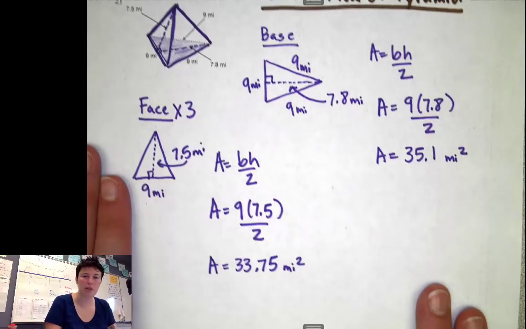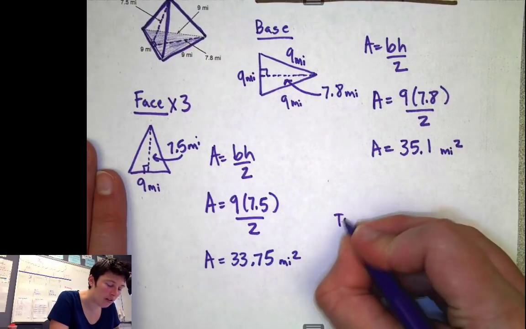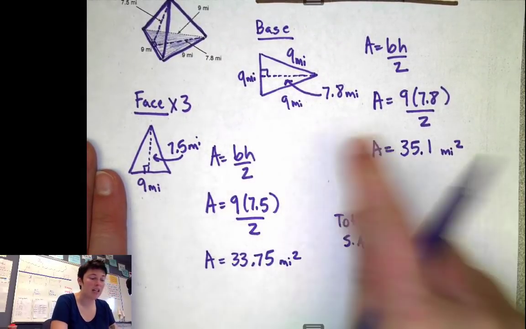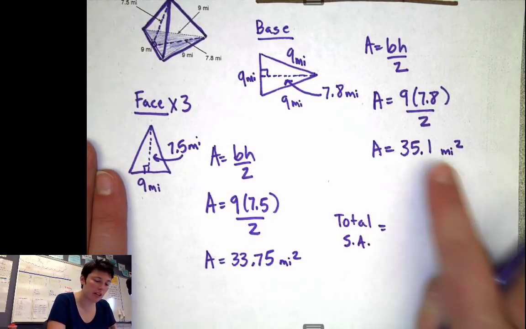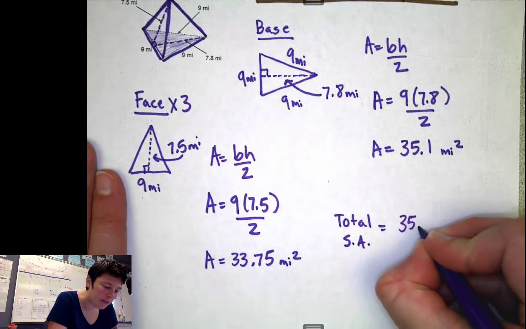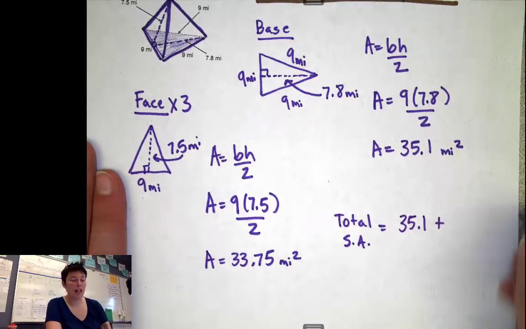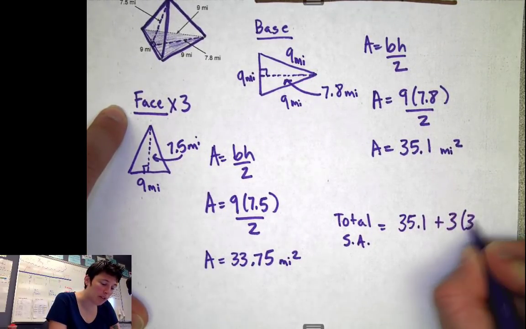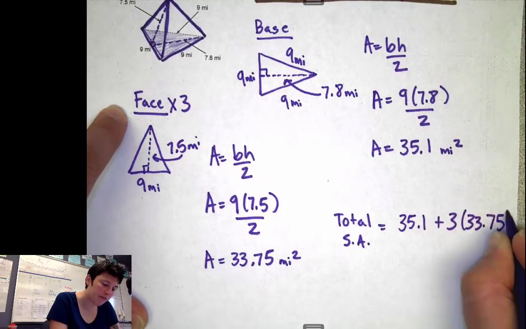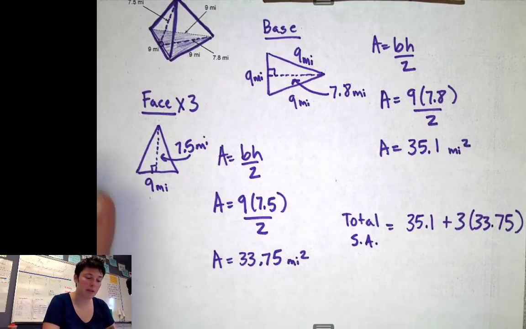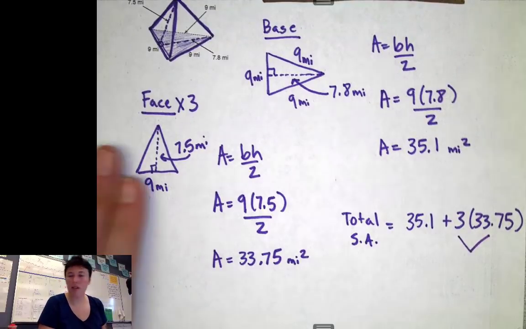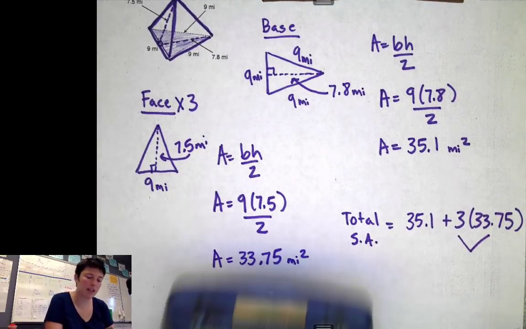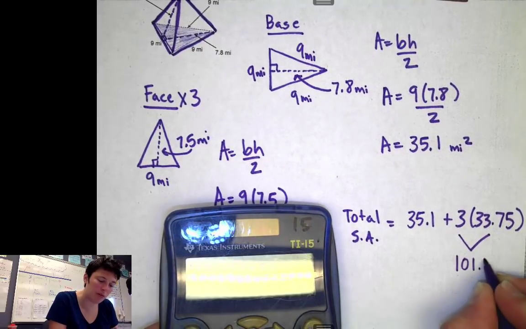So let's find that total surface area. Let's do that over here. Total surface area. We are going to add the base, which was 35.1, plus we are going to add 3 of those faces. So 3 of the 33.75. So we'll add all this up. We're going to do 3 times 33.75. I'll just do that on my calculator real fast. That's 101.25.